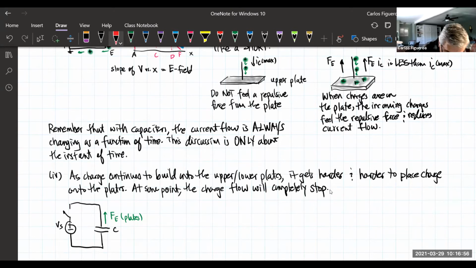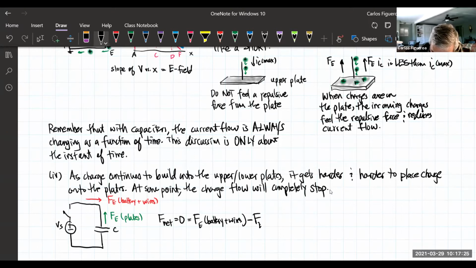And then there's going to be the force of the battery and the wires that's going to be in the opposite direction. So in this case, the net force acting on charges is going to be 0, because these two are equal and opposite. And because that's equal and opposite, this tells you that you stop current flow.